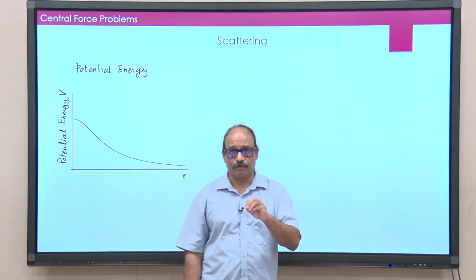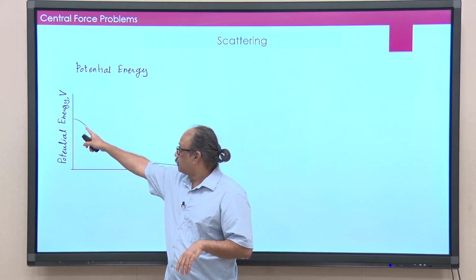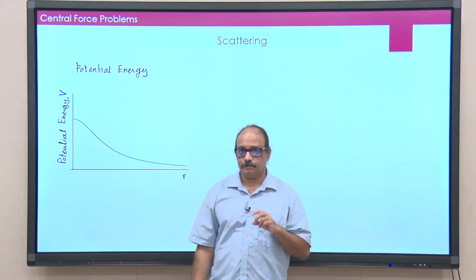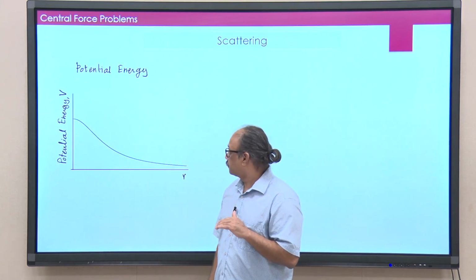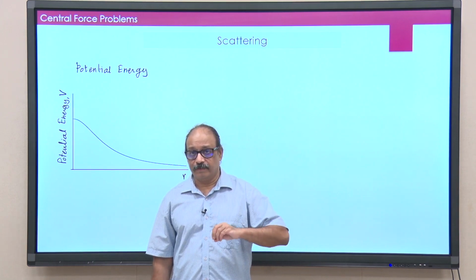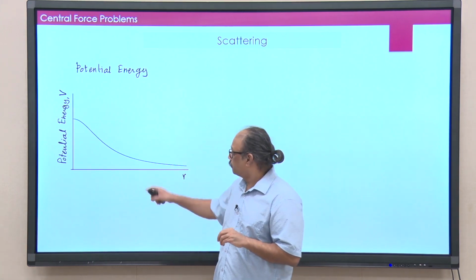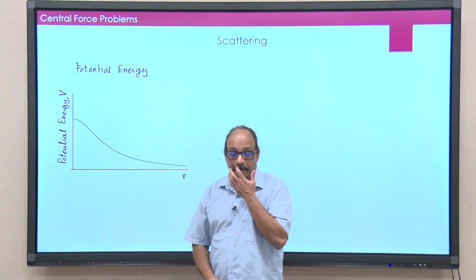So probably the force becomes negligibly 0 there, but importantly this value here is finite. And because it is finite, once you add L squared by 2 m r squared, this effective potential energy curve will of course go all the way to infinity.